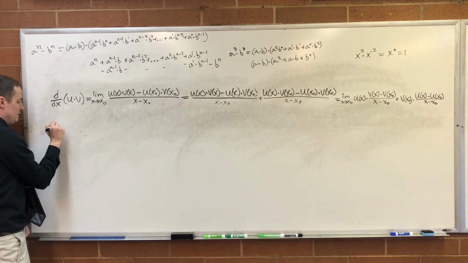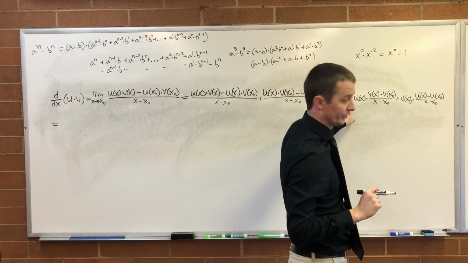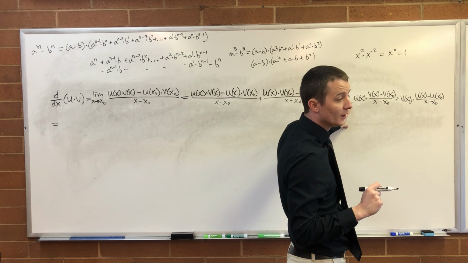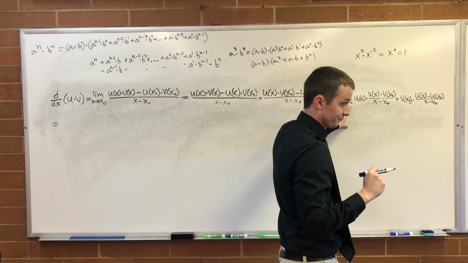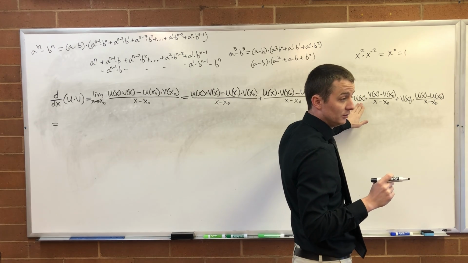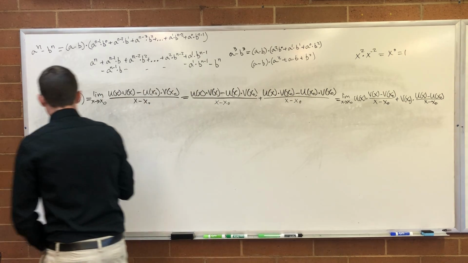And now we can take our limit. What's the limit of u of x as x approaches x naught? u of x naught, right? Okay.